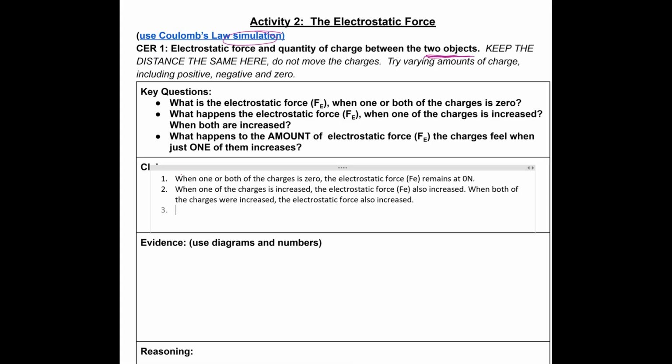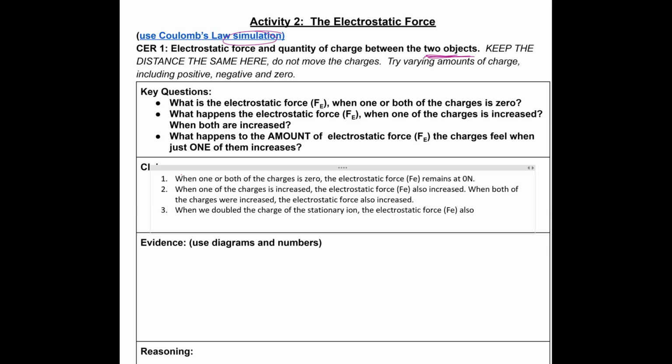All right, so the amount of electrostatic force, Fe, the charges feel when just one of them increases. So when we doubled the charge of the stationary ion, the electrostatic force, so that's our Fe, also increased.